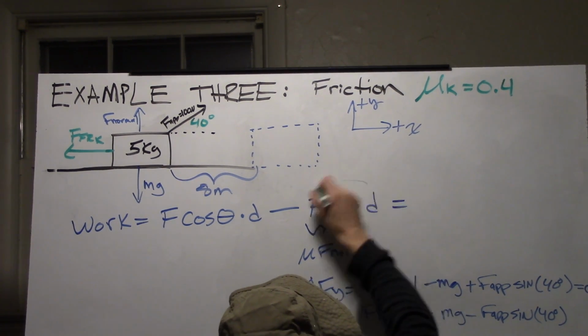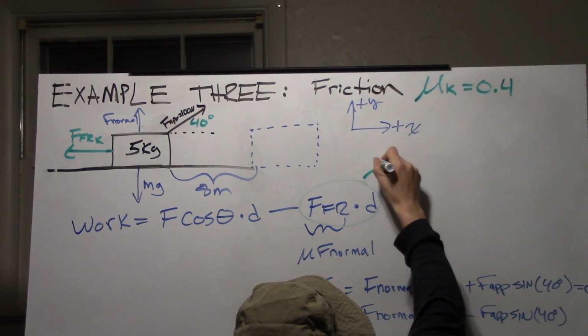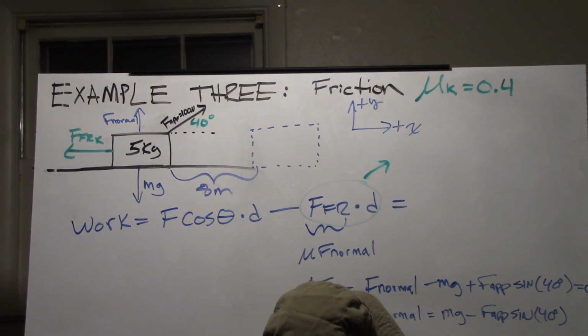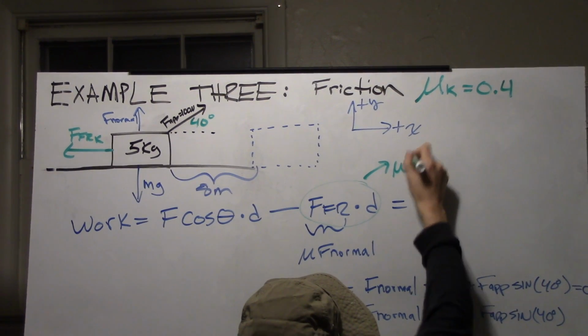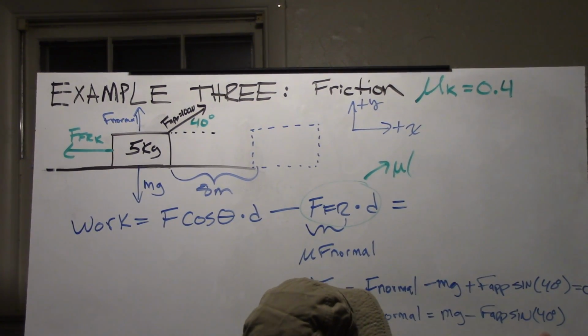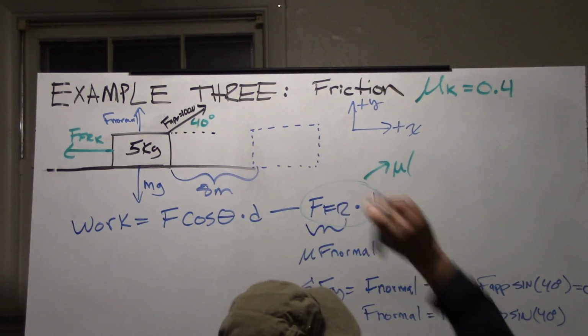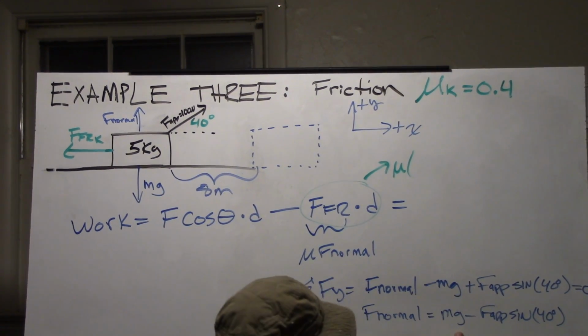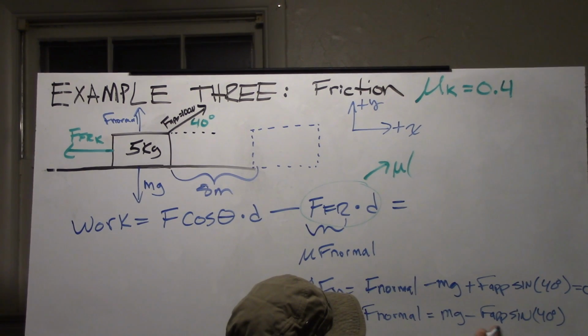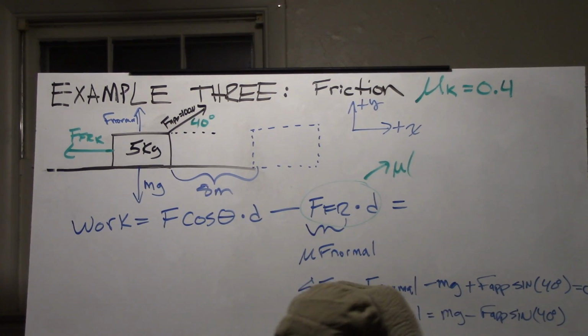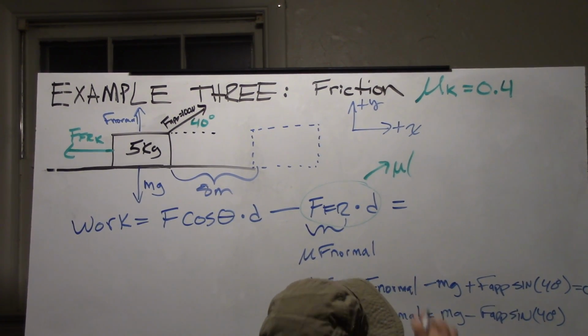I just feel green. Force of friction is equal to mu times force normal, which is this over here in terms of the values that we have. We were given mass, we know what g is, and we were given force applied and the angle. So we want to always work it out in terms of the variables that we know.